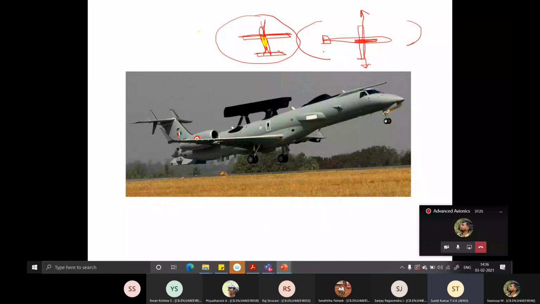Okay, Sarup, we talked about phased array radars, right? So what is the advantage of phased array radar? Anyone from the class?